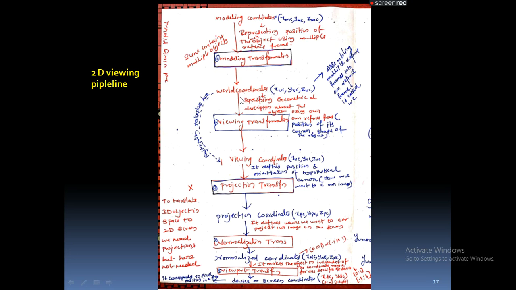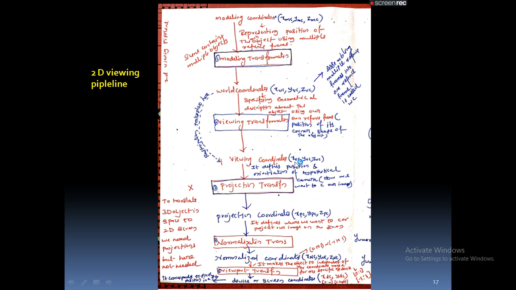Next we need to perform the second type of transformation, converting world coordinates to viewing coordinates by using viewing transformation. In the case of world coordinates, we represent them as x world coordinate, y world coordinate and z world coordinate. When you apply viewing transformation, it will convert world coordinates to viewing coordinates.